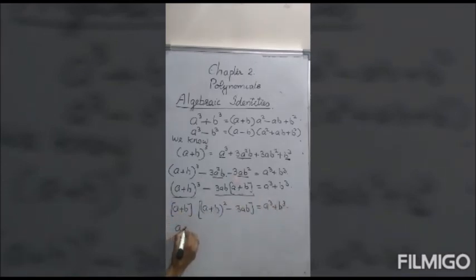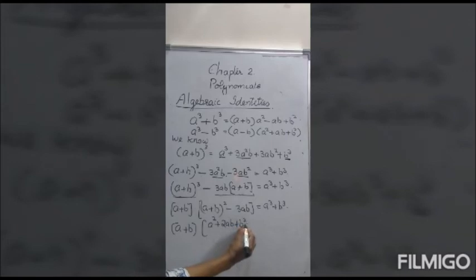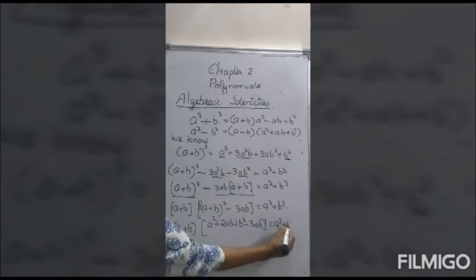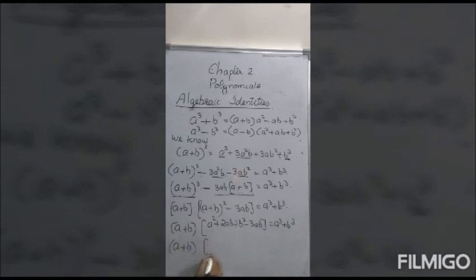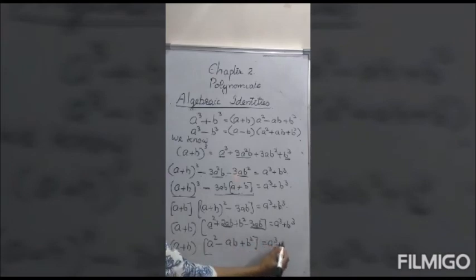Now (a + b), expand this term. (a + b) whole square equals a square + 2ab + b square, minus 3ab, equal to a cube + b cube. Again simplify (a + b) into a square + 2ab and minus 3ab, it becomes minus 1ab plus b square, equal to a cube + b cube.